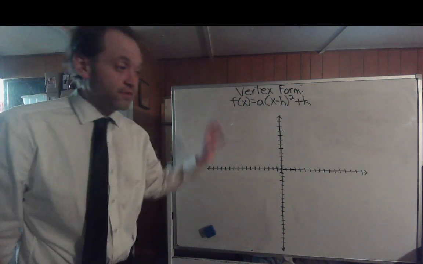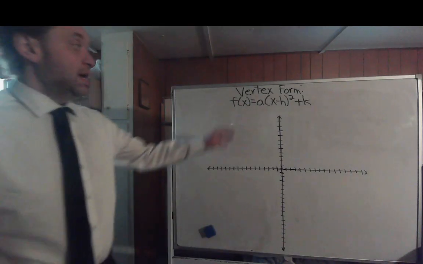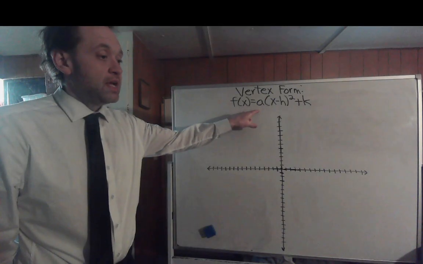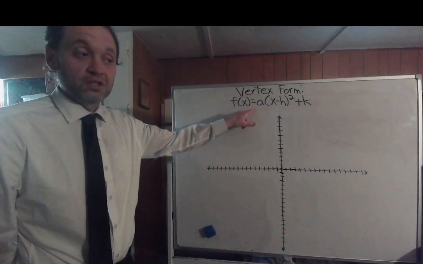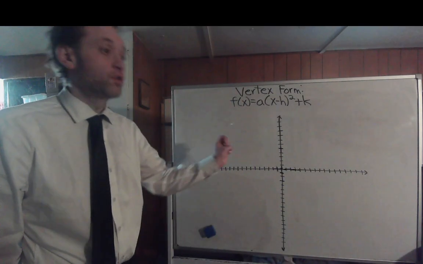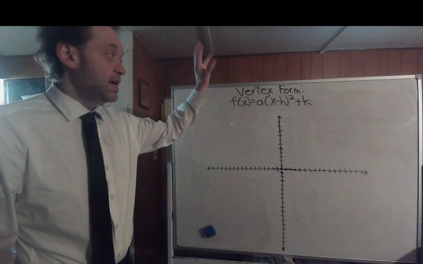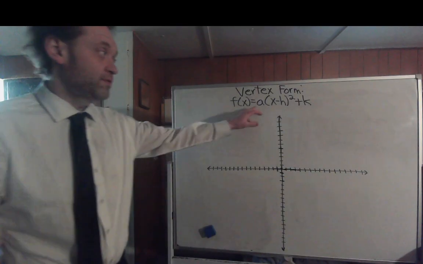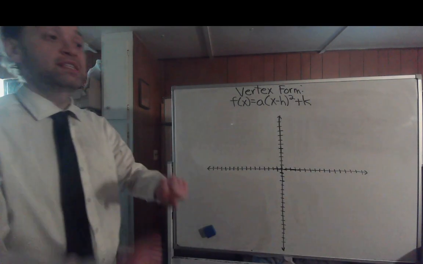If it's negative, it opens downward. And if the absolute value of a is greater than 1, it indicates a vertical stretch. If the absolute value of a is less than 1, like you get a fraction for that coefficient, it indicates a vertical shrink.